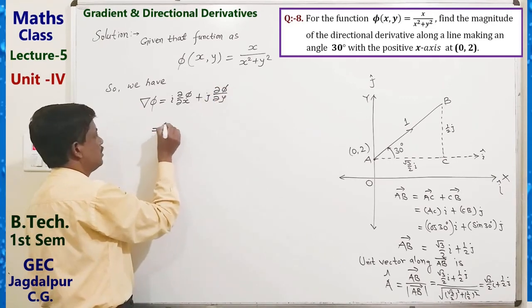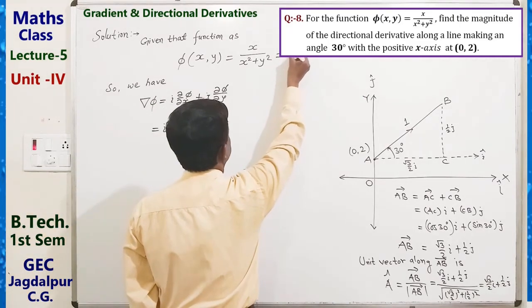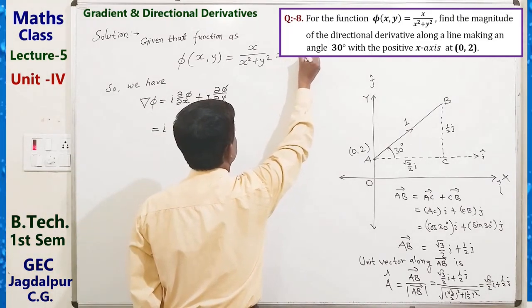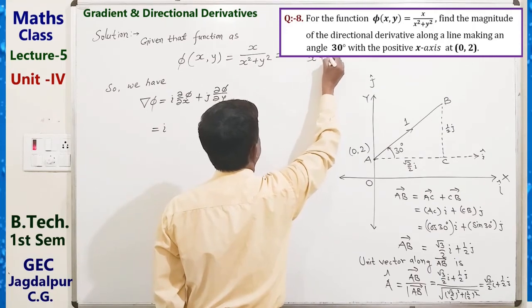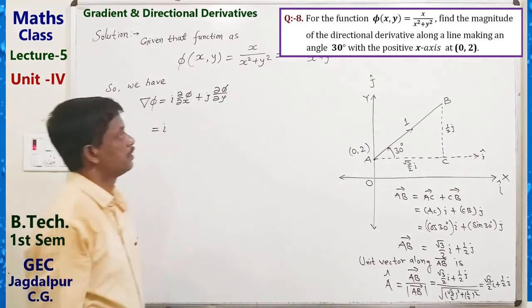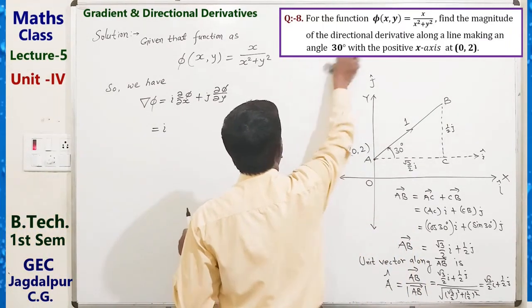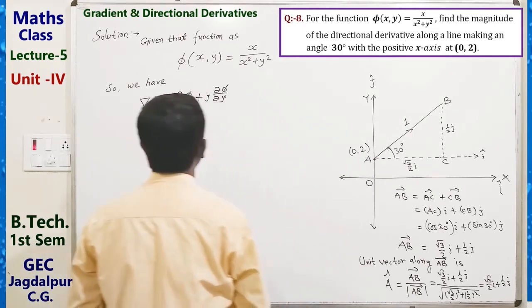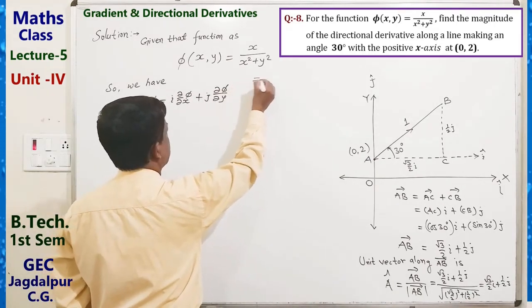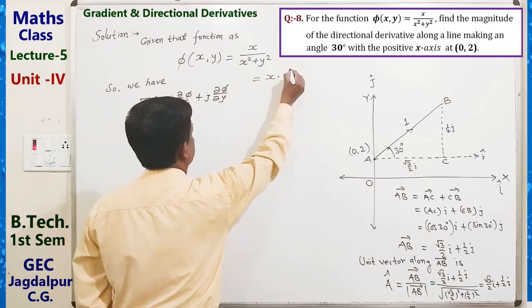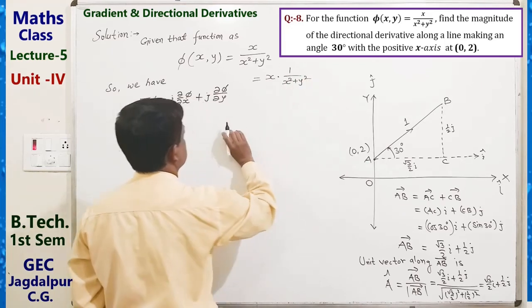Here I del phi by del x can be written like this: x into 1 upon x square plus y square.